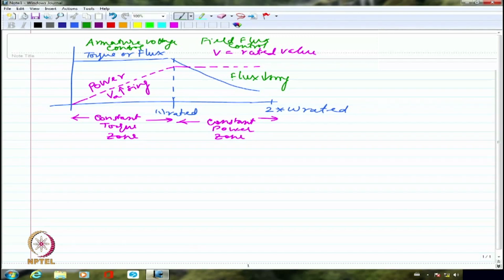But when I make the main field flux itself very small, because I am weakening the flux by and by, originally maybe the flux was 0.5 Weber. It has come down to 0.25 Weber. When it was 0.5 Weber, the armature reaction flux might have been 0.1 or 0.05, a much smaller fraction of the main field flux, because of which I would not have seen much impact of armature reaction flux on the main field flux.